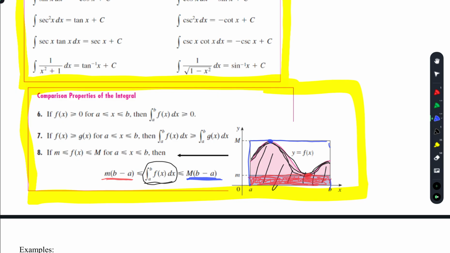It's a really general ballpark value. Maybe I'll write: this was the smallest rectangle you can make, and this is the largest rectangle you can make on the interval. B minus A is the interval part, and then the m and M are the heights for both of them. So it gives you ballpark values.